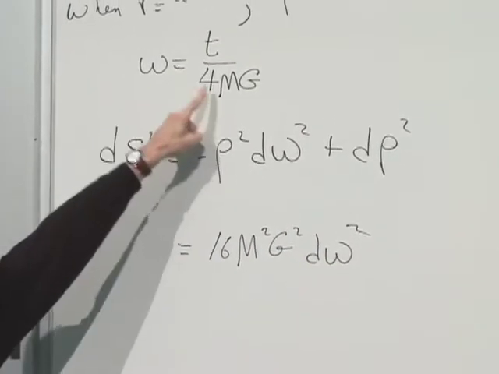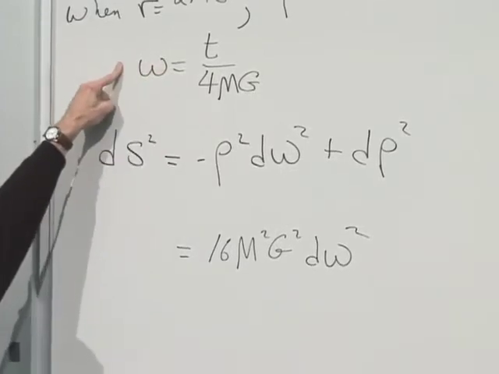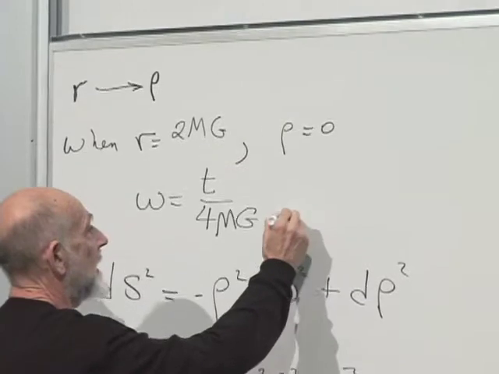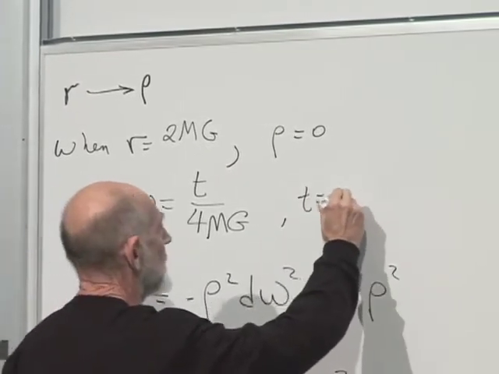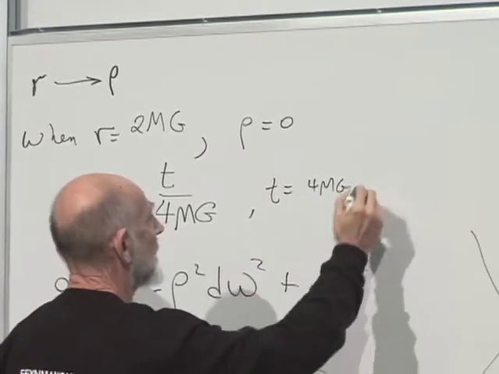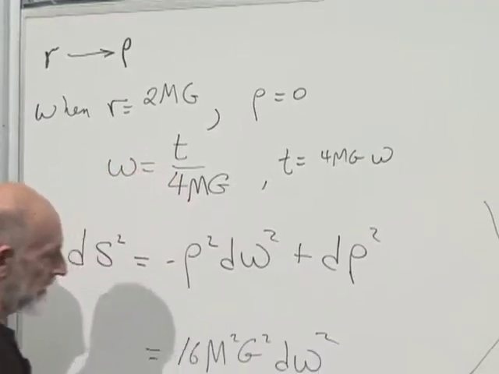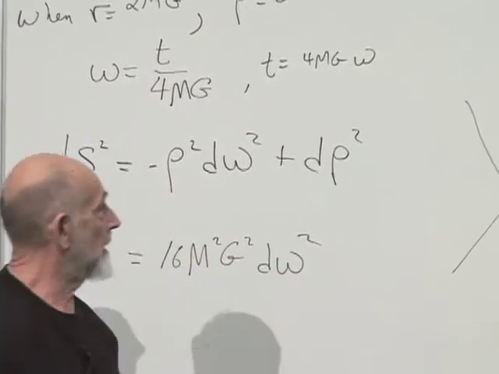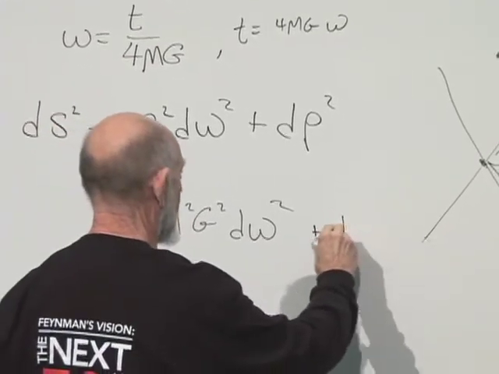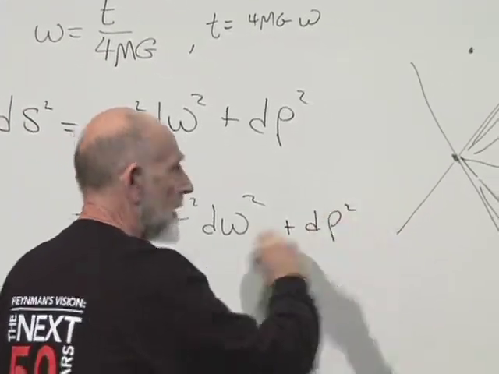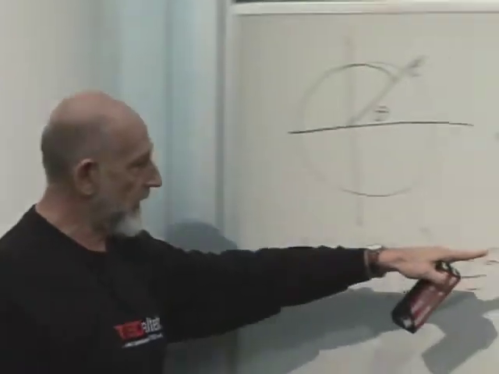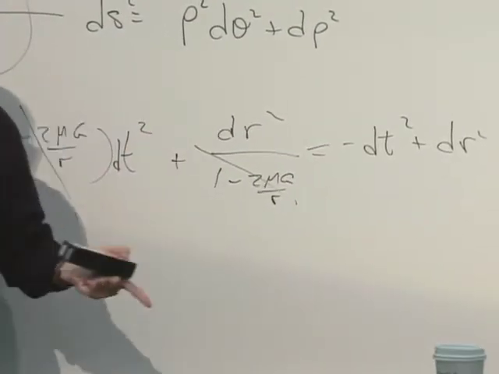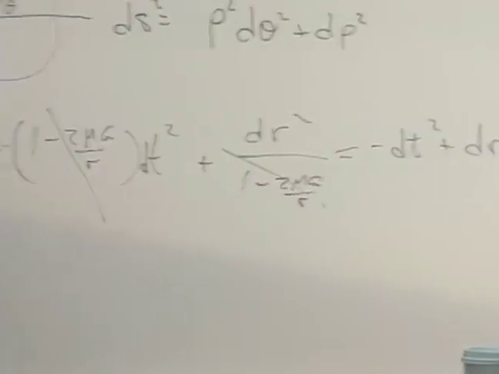What I've done here is just multiplied by 4mg, so that t is equal to 4mg times omega. That's this piece here. And then the other piece is just plus d rho squared, making use of the fact that rho and r are the same thing far from the black hole.